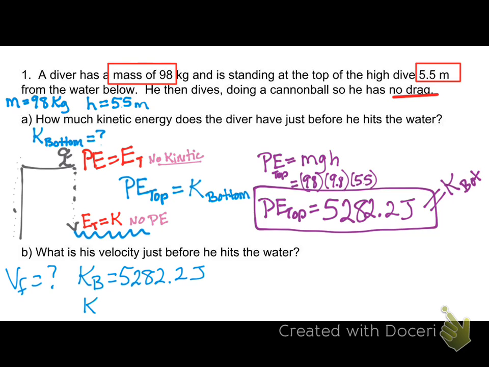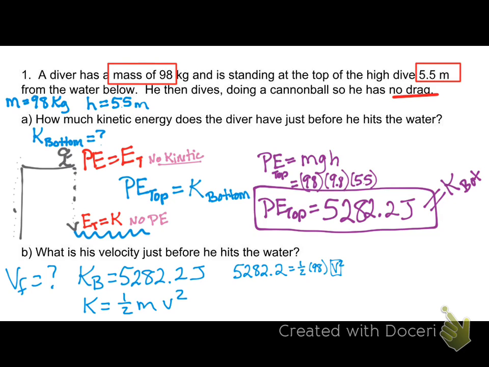If I need to find velocity and I know kinetic energy and I know mass, I can use my kinetic energy equation, correct? I know the kinetic energy, I know the mass, and it has my unknown in there. So I would have 5,282.2 is equal to 1/2 times the mass of 98 times v squared, and I'm looking for v.